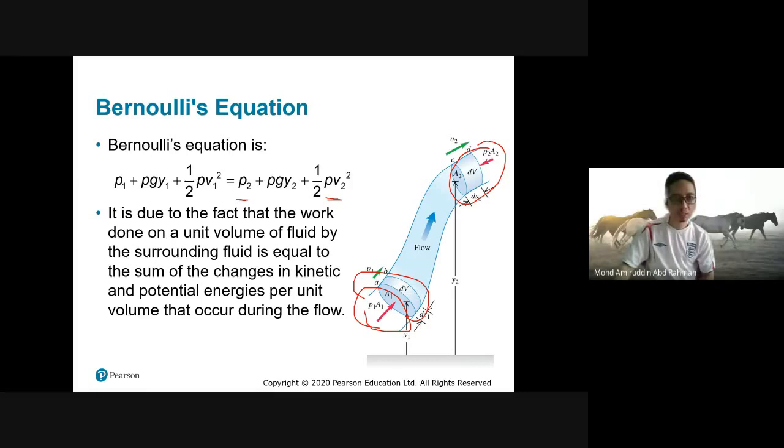This is the pressure everywhere, and P1 is the initial pressure that you apply over here, and P2 is at the other end.